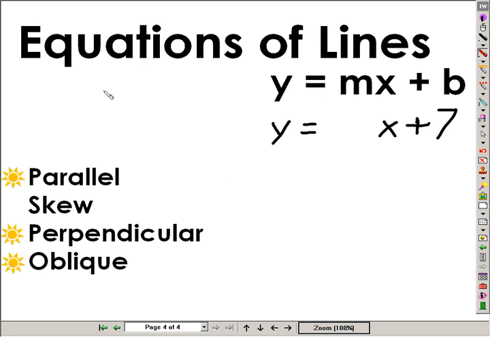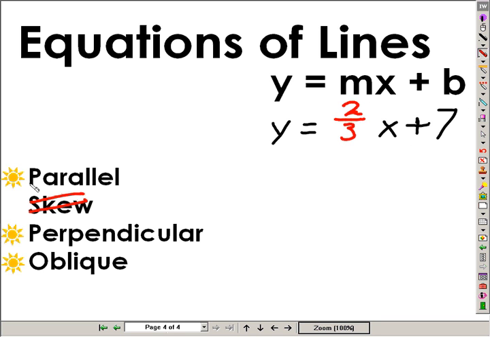Now, how do they relate in terms of algebraic equations of lines? That is, lines that we can graph. We're not going to include skew for this, because skew is a 3-dimensional idea, and all the graphing you're doing to this point is 2-dimensional graphing, like on graph paper. So let's take an example of a line, y equals mx plus b form, or slope-intercept form. An example like y equals 2/3 x plus, and this number is irrelevant.